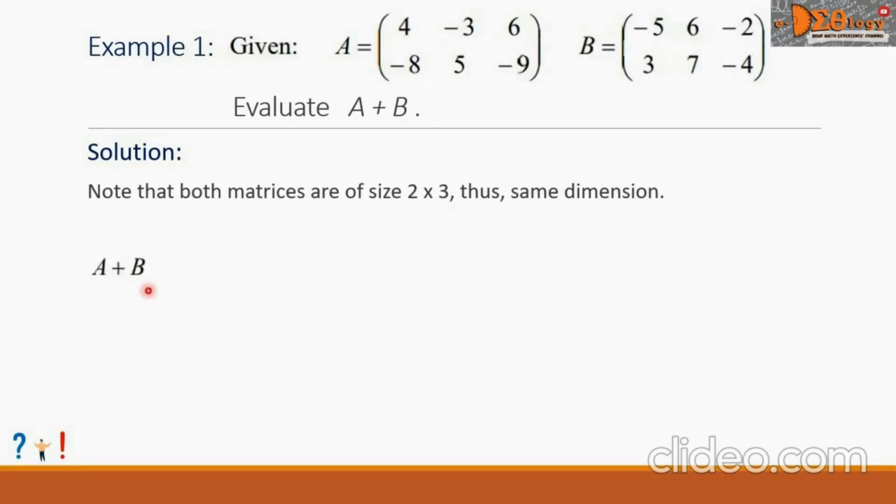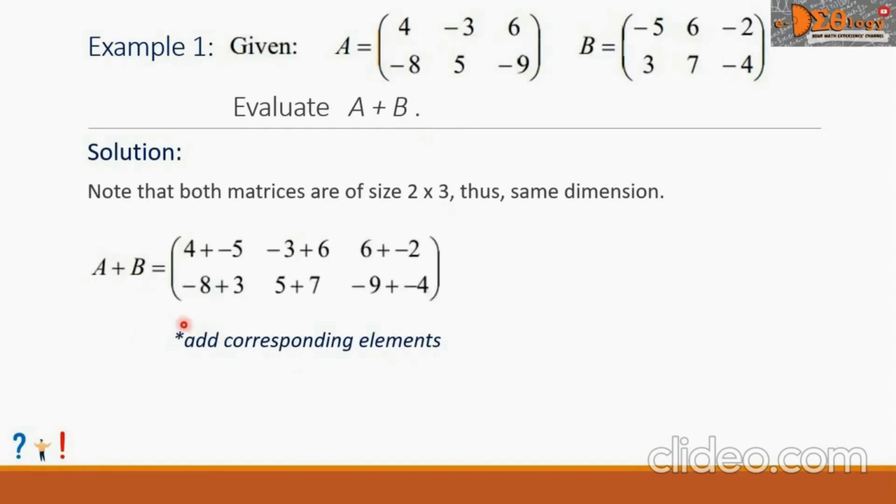So for A plus B, we need to add corresponding elements. So we will have this: 4 plus negative 5, negative 3 plus 6, 6 plus negative 2, negative 8 plus 3, 5 plus 7, negative 9 plus negative 4.